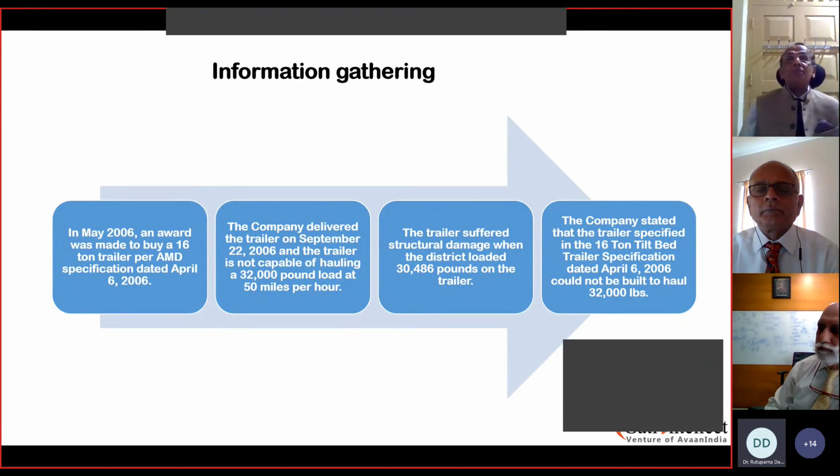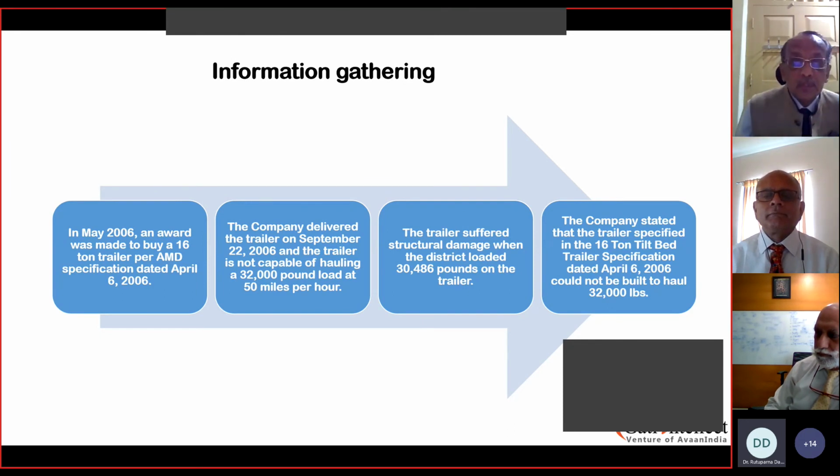Now comes the issue. Who did wrong? Who is to be blamed? When we analyzed it, the specification of the cargo coming down was not what we had. The specification given to us was called the engineering specification. Based on the engineering specification, we made the trailer, but when it was being shipped, the specification changed.